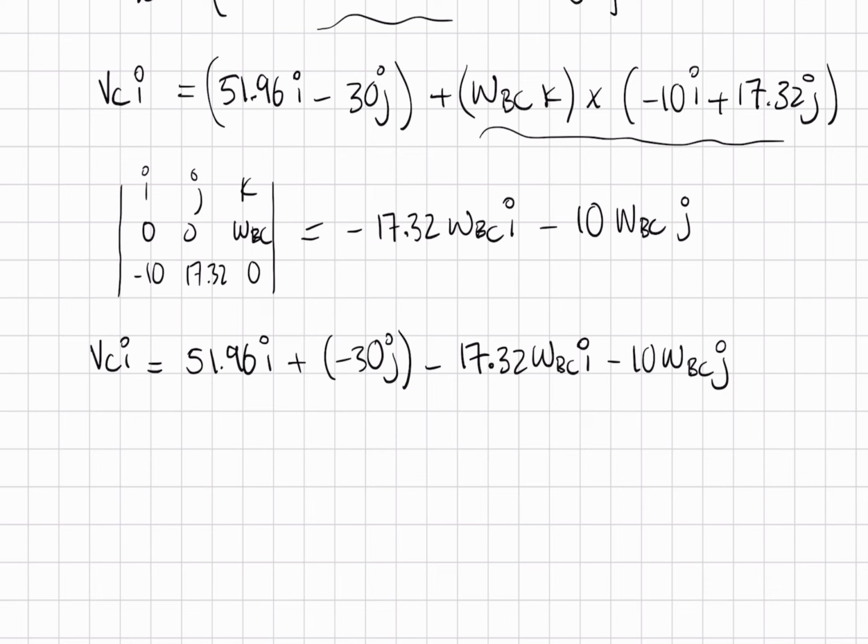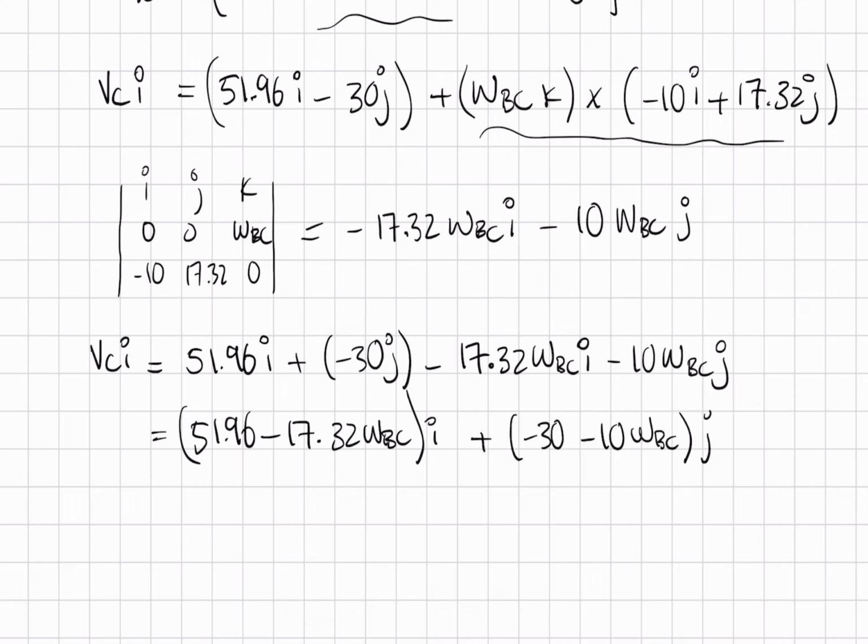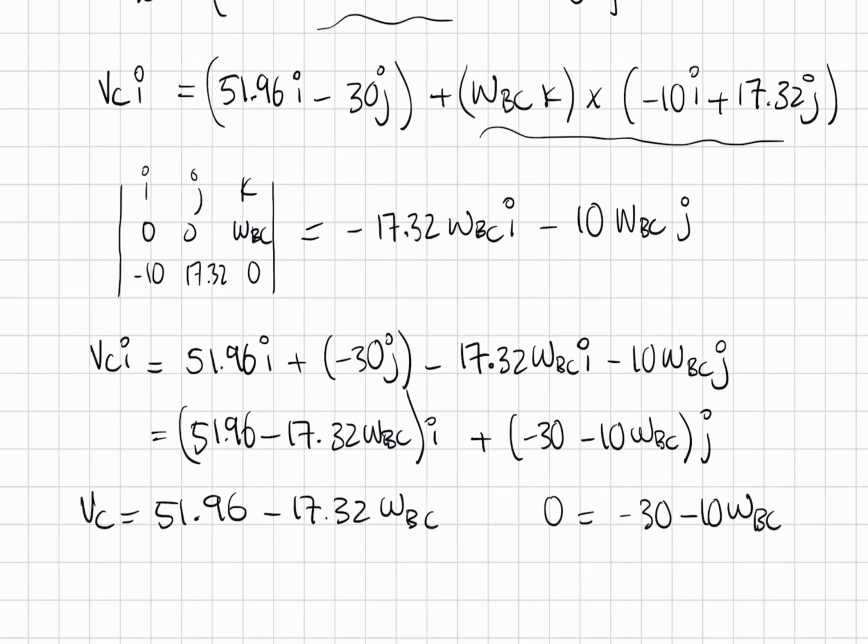This could be further simplified. And of course, the left side has to equal the right side. The left side has no j component. There's only an I component. So making the I components equal to each other, we have VC is equal to, and for the j component, we have 0 is equal to minus 30 minus 10 omega BC.